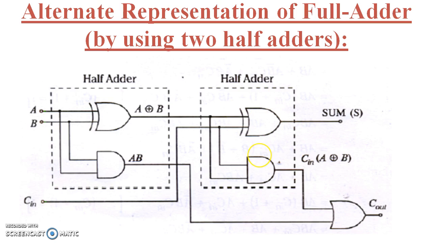Here the sum output from the first half adder is connected as input of the second half adder, and the carry from the previous stage, C in, is connected as the second input of the second half adder. Finally we get the resultant sum from the second half adder, and carry out by ORing the carries of the 2 half adders, C1 and C2. That means this is the final carry out.